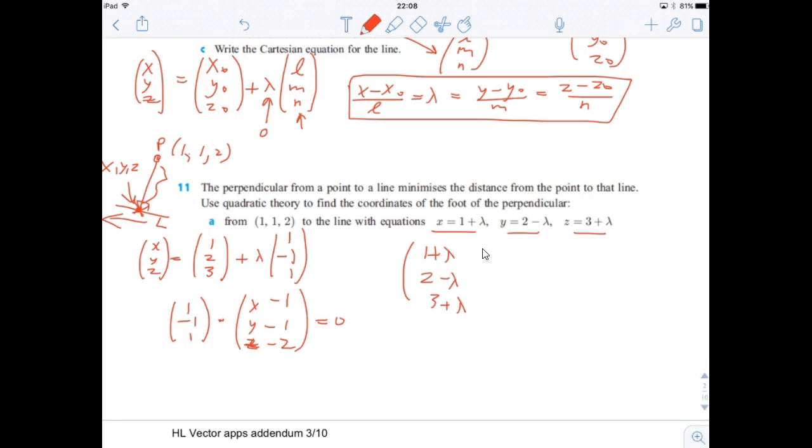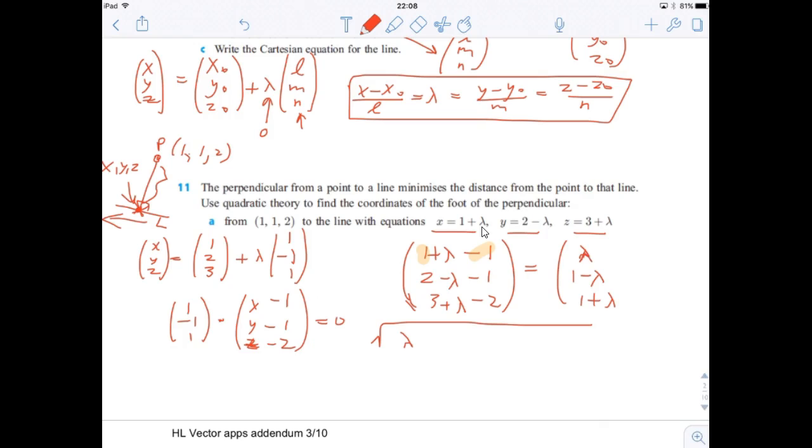Then I subtract off the P coordinates, and that gives me a vector expression for P to the foot. Let's see, 1 minus 1 is 0, so the first component is just lambda. The second component is 2 minus 1, so 1 minus lambda. And the third component is 1 plus lambda.